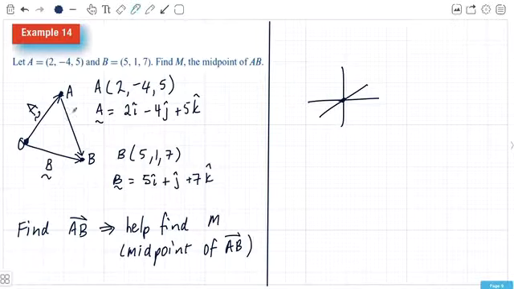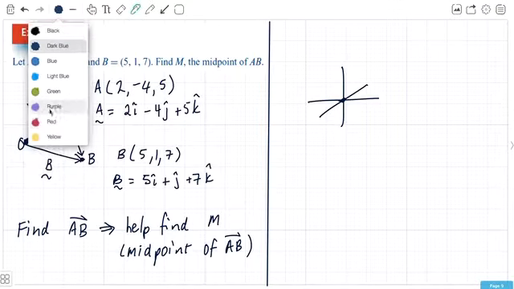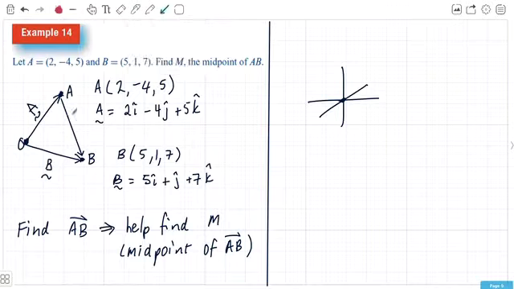The midpoint between A and B would be the midpoint of that vector AB. When we look at this, you can see that you're going to have to go backwards along this vector, and I'll do the path in red so you can follow it. To go from A to B, we'd go backwards along this vector and then in the positive direction along that vector.